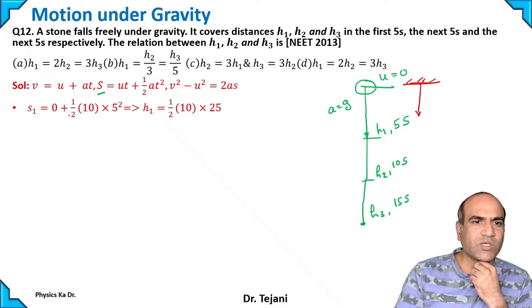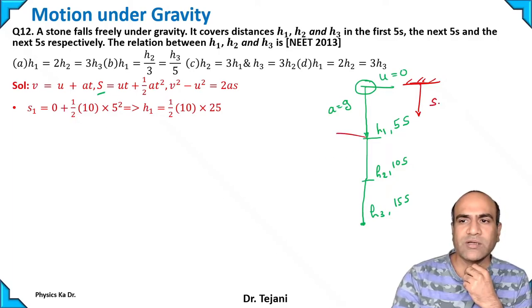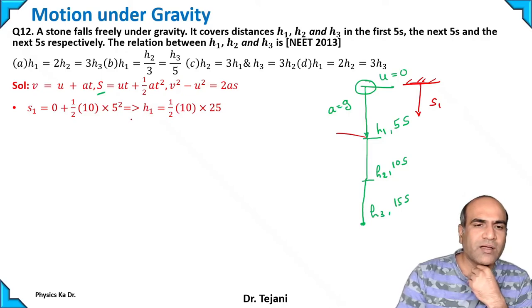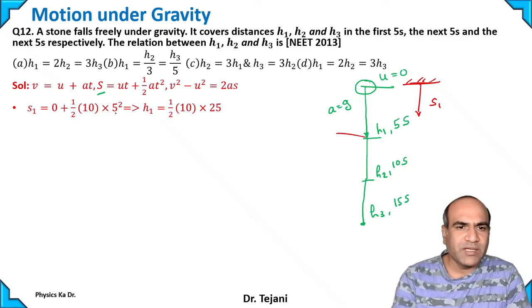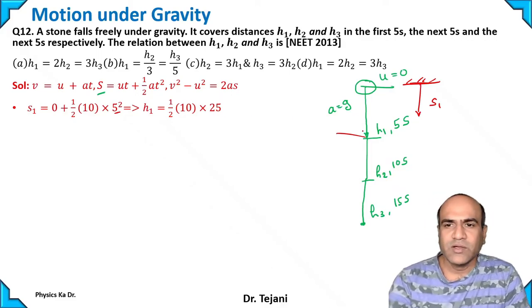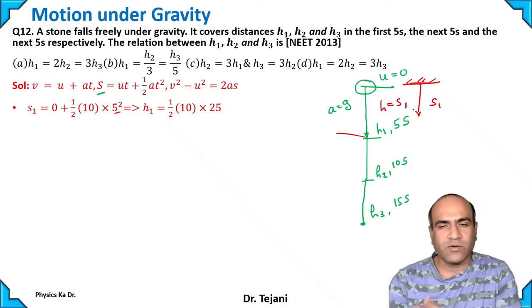So s1 is equal to ut plus 1/2 a t squared, u is 0, g is 10, time is 5 seconds. This is the first equation, so h1 is equal to s1.